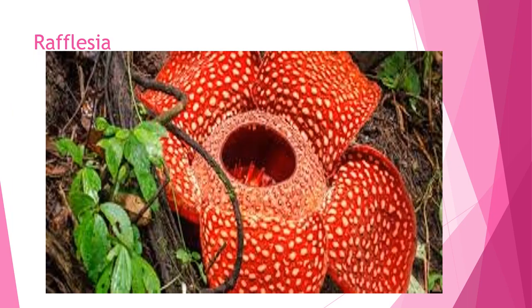Next example, Rafflesia. Rafflesia is the largest flower in the world. It has 5 petals, a diameter of up to 106 centimeters, and weighs up to 10 kg. This is also an insectivorous plant.